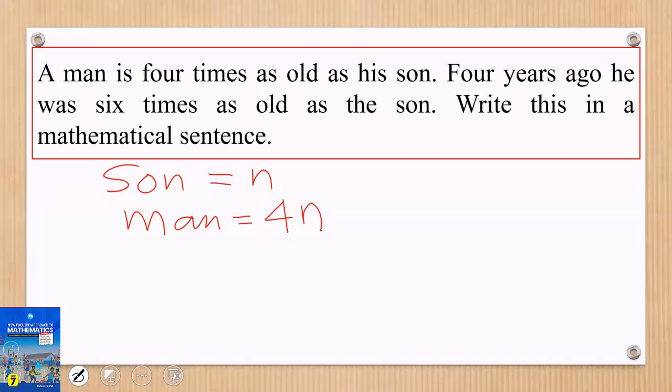Then 4 years ago, now assuming my age is 15 years now, 4 years ago, what will be my age? That means I have 15 minus 4. 4 years ago, I was 11 years. 4 years to come, that means if you add 4 years to my 11, then today I am 15 years.